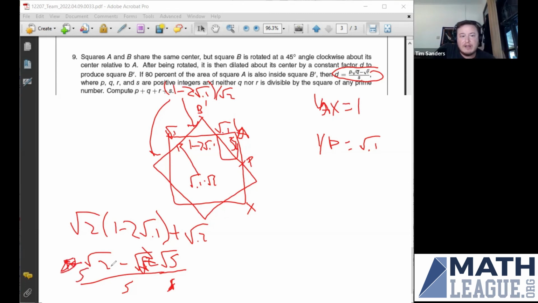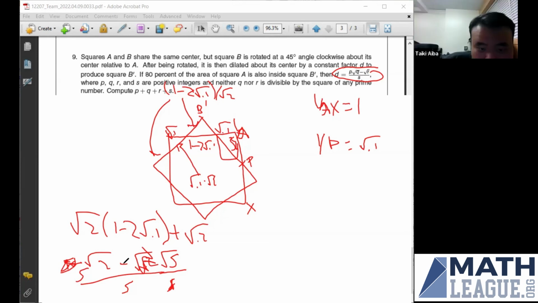So now we got 5, 2, 5, and 5. So 5, 5, 5, and 2, 17 for an answer. I'm not sure how I took root 2 and multiplied it by 1 and got 10 root 2 over 5. That was a good catch there. And we do get 17 as an answer for that one, so that's looking good.